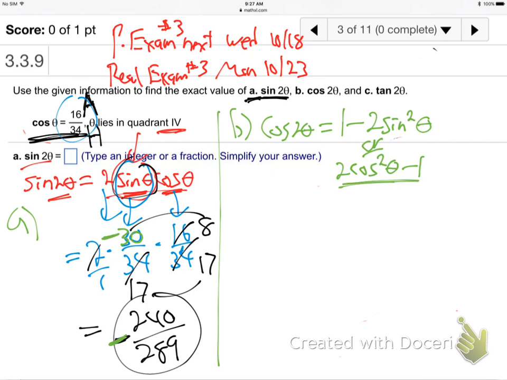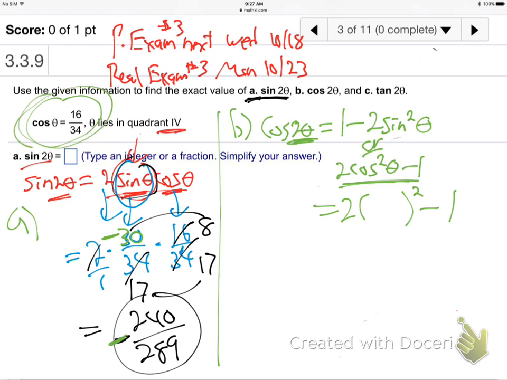I'm going to use this one because they gave me cosine of the regular angle from the beginning. So this formula says cosine of the double angle is 2 cosine squared minus 1 of the regular angle. What's cosine of the regular angle? 16 34ths. Just plug that right in. How easy. Don't need to mess with triangles or anything.